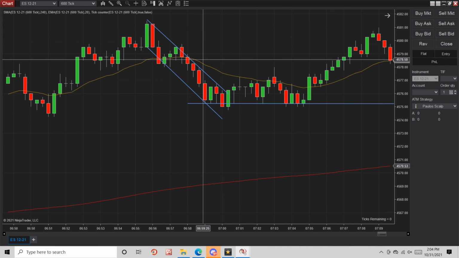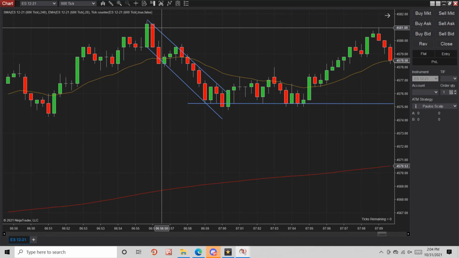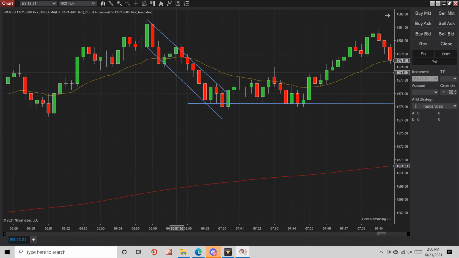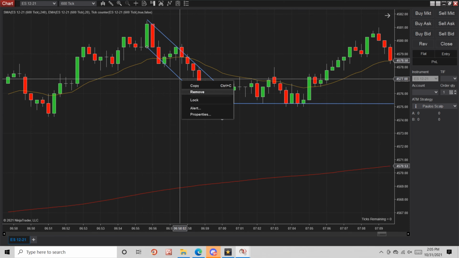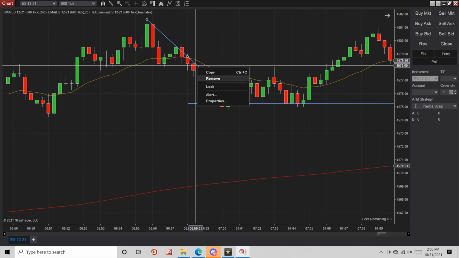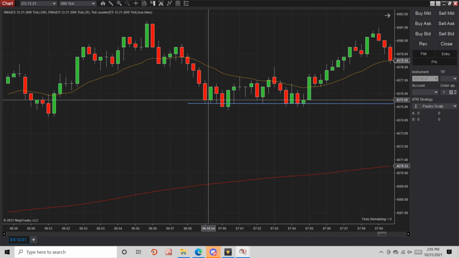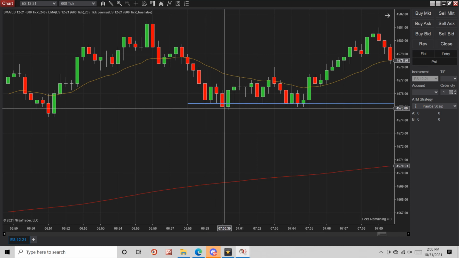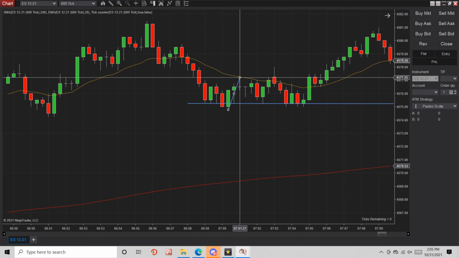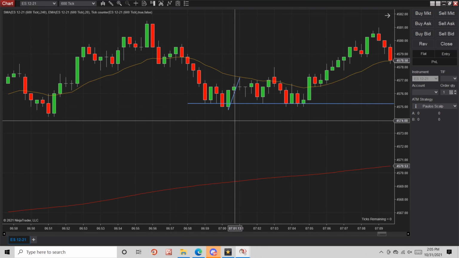This is our 0 leg, our downtrend. Then we're looking for our first leg up. In this case, our first leg up would be this. This would be our first leg up from our downtrend.